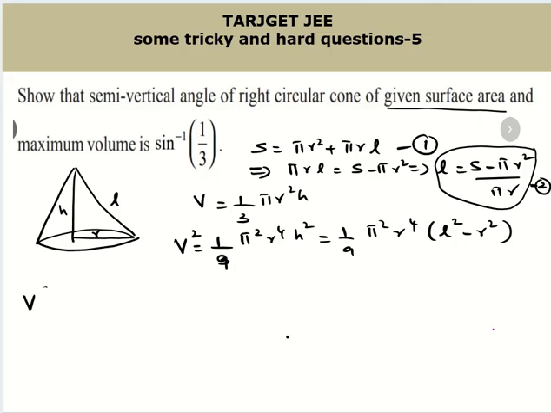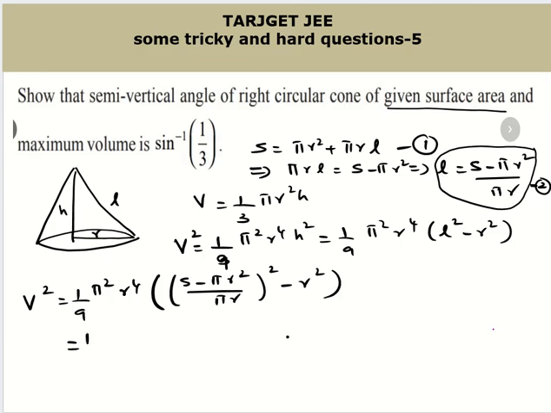So what is V square? 1 by 9 pi square r power 4 into, in the place of l, we are going to replace S minus pi r square by pi r, the whole square, minus r square. Maybe I will push this r power 4 inside the bracket, or I'll use the product rule.